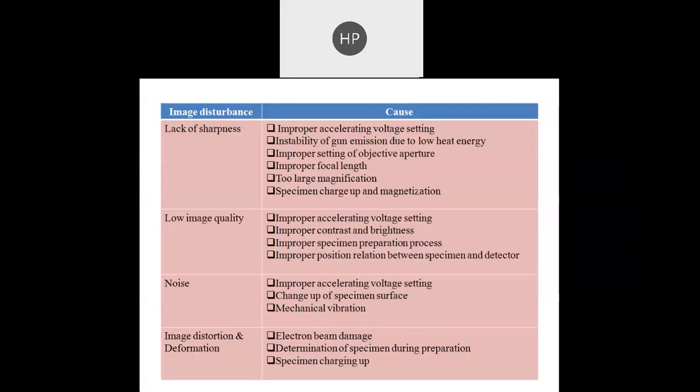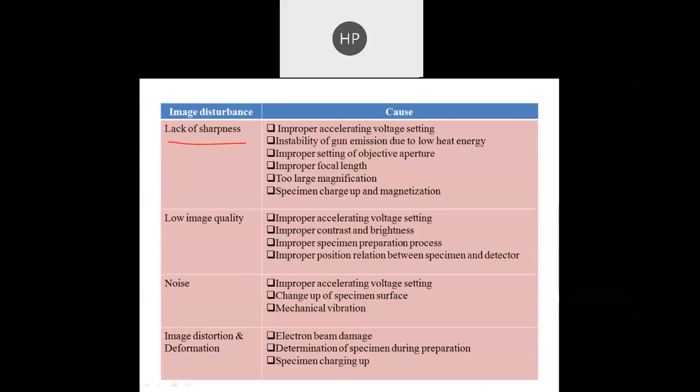Now there are certain image disturbances which occur during SEM. So why does this happen? That we will see. First is the lack of sharpness, where the image will not give you a sharp resolution. Why does this happen?